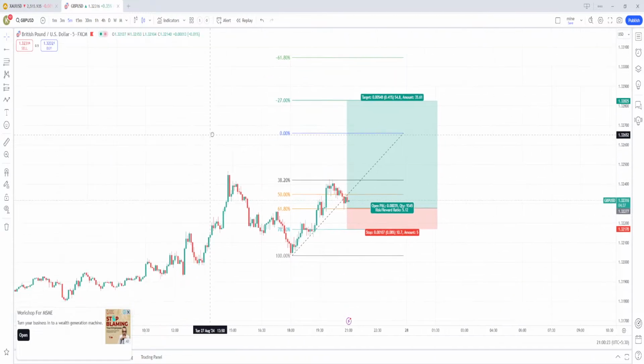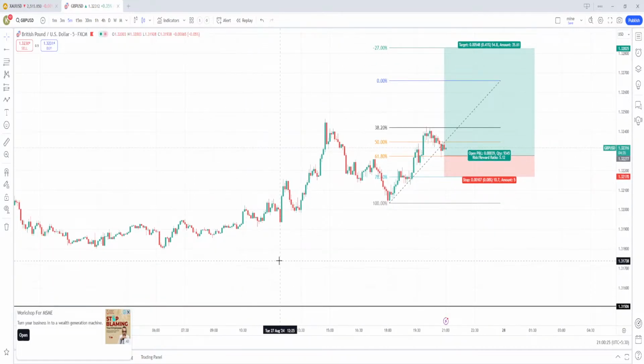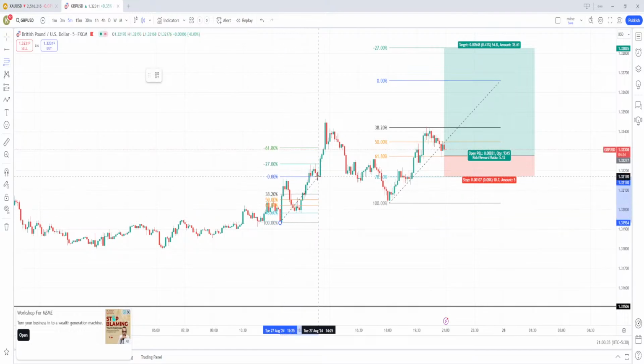See, I will explain it. See, this is an uptrend. So if we take the trade from here, see, it bounced back from the 61.8 zone. Again, this is the lower low.